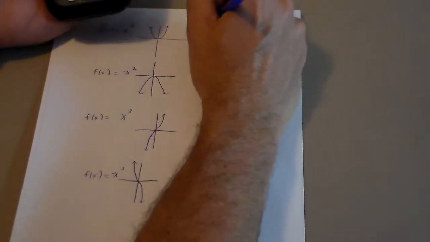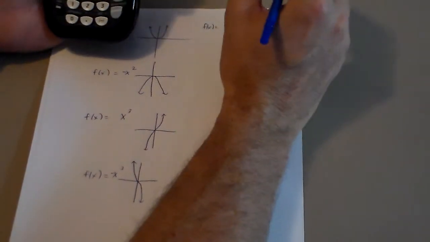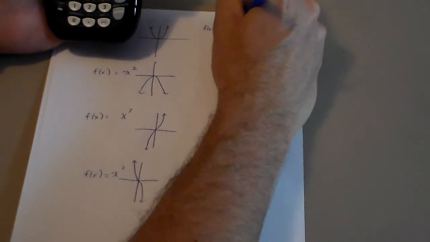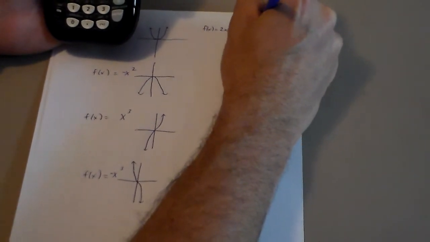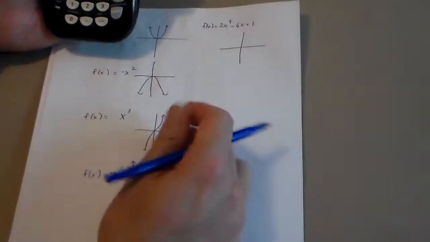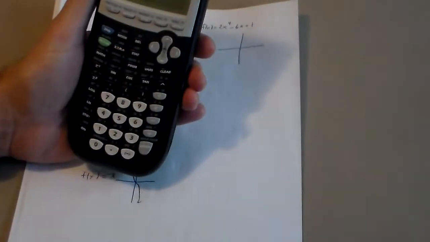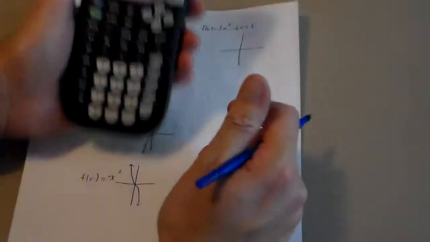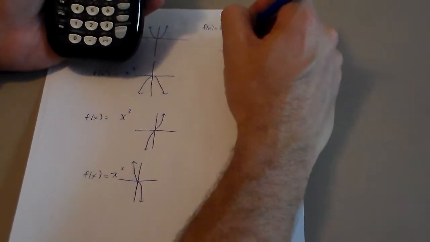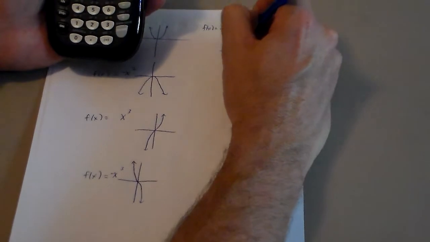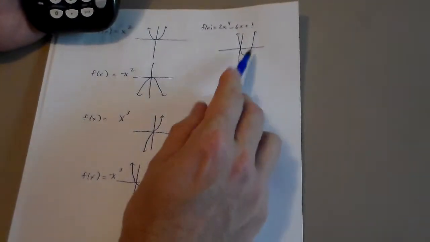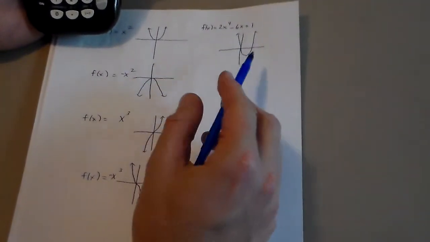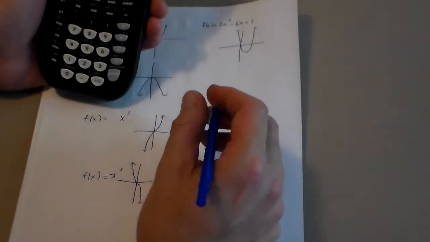So f of x equals 2x to the 4th minus 6x plus 1. Ready? Voila. Look at that. It looks kind of like the one that's right next to it, doesn't it? Not exact, but it looks kind of like that.